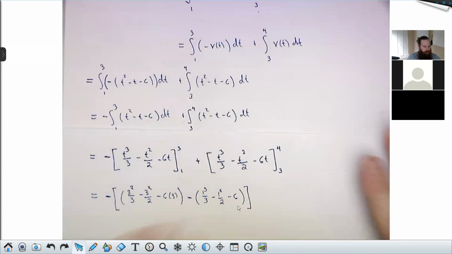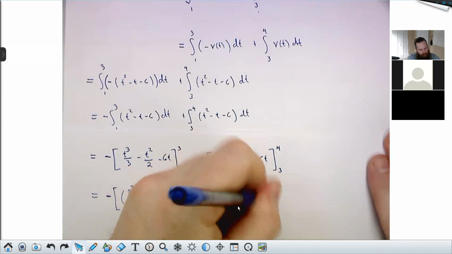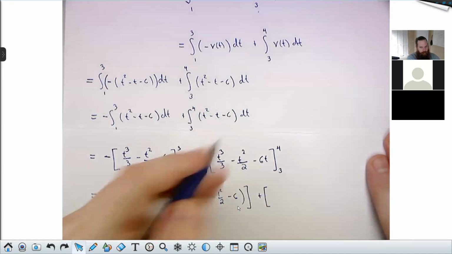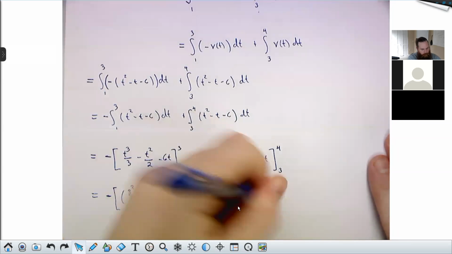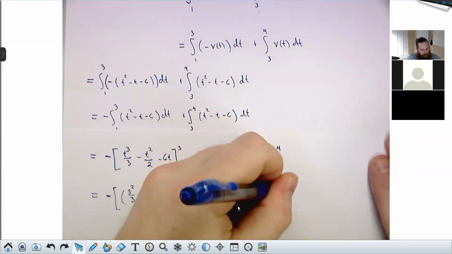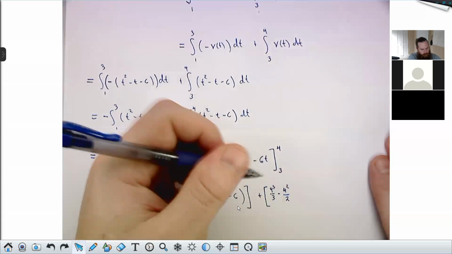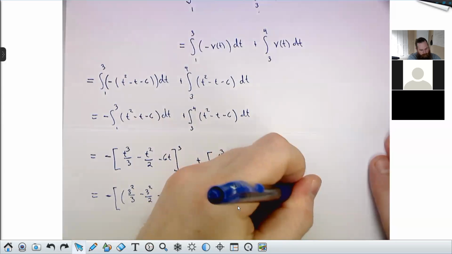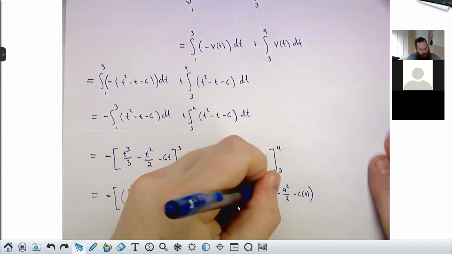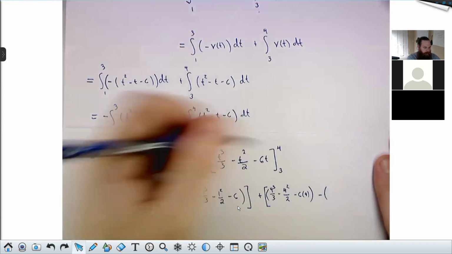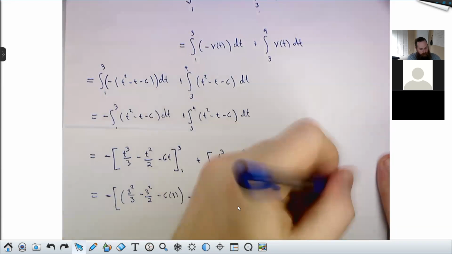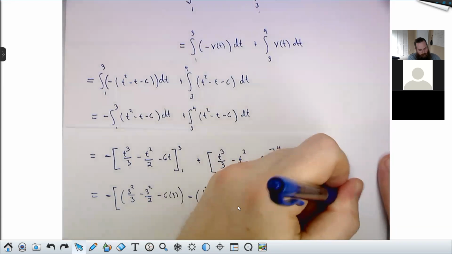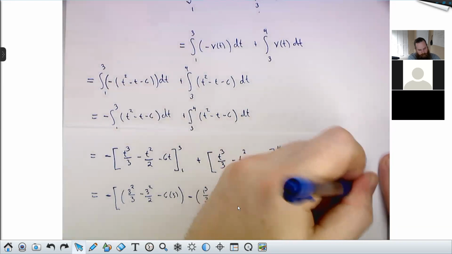And then we're going to add this to what we get when we evaluate this piece. At 4, this is 4 cubed over 3 minus 4 squared over 2 minus 6 times 4. And at the lower bound here, we have 3 cubed over 3 minus 3 squared over 2 minus 6 times 3.